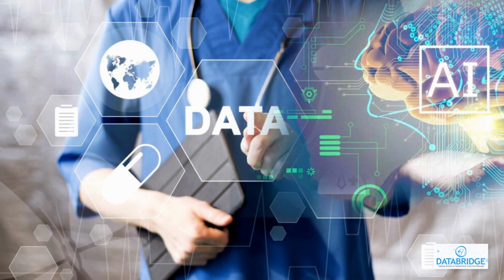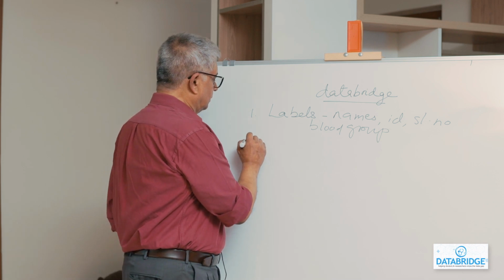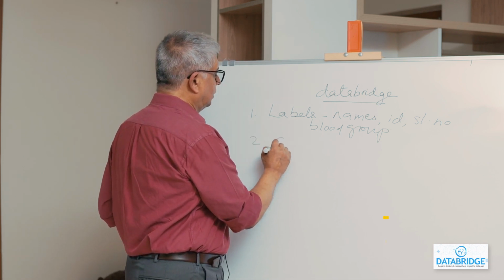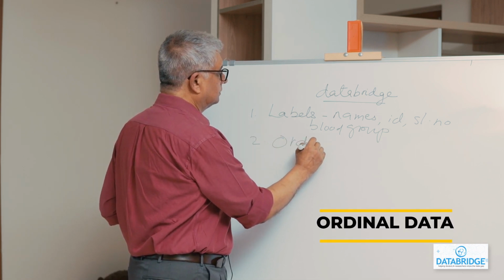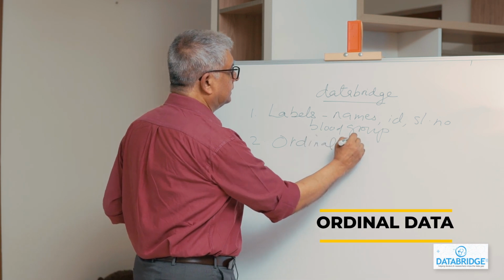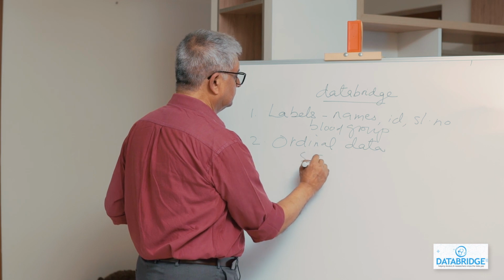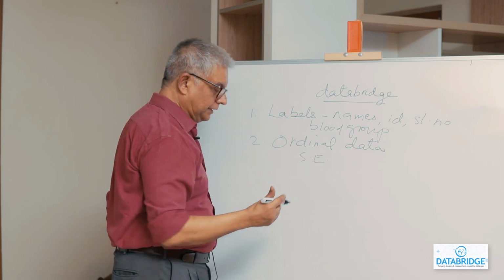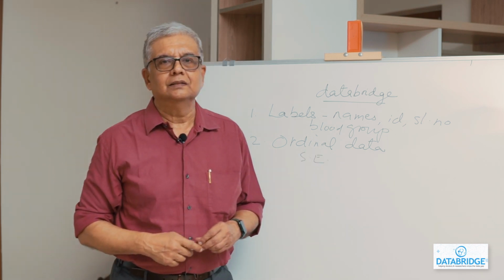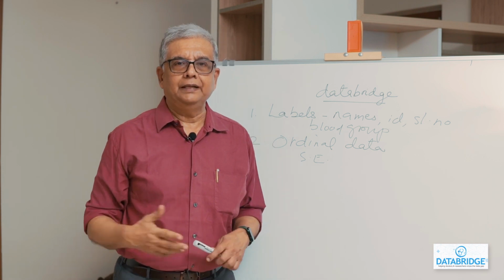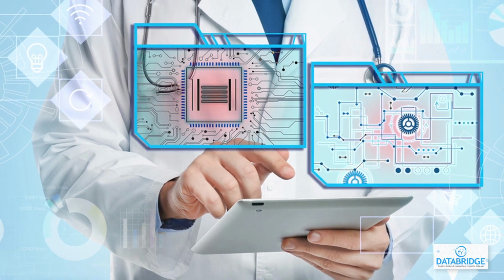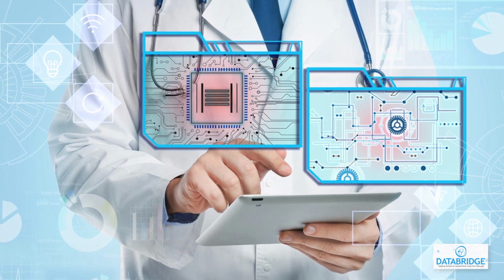The next type of data will be what is called ordinal data. For example, if you think about the socio-economic class of a person or a family, it can be from a poor family, a middle class family, or a rich family.